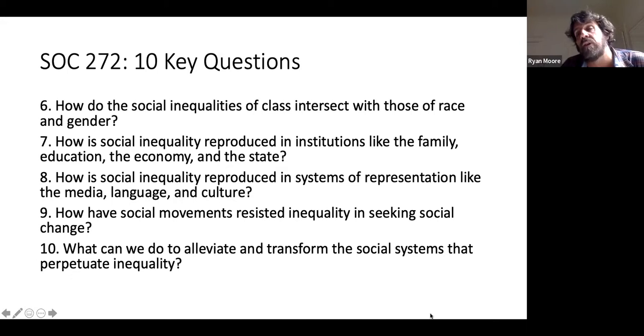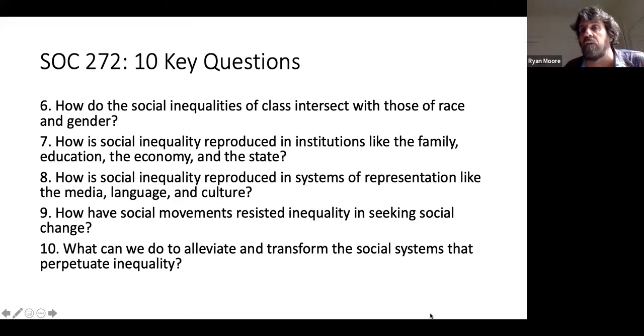With reproduction, we're interested in a historical process in which inequalities are reproduced from generation to generation. As I said on the first day of class, the vast majority of people in America will end up in the same social class that they were born into.